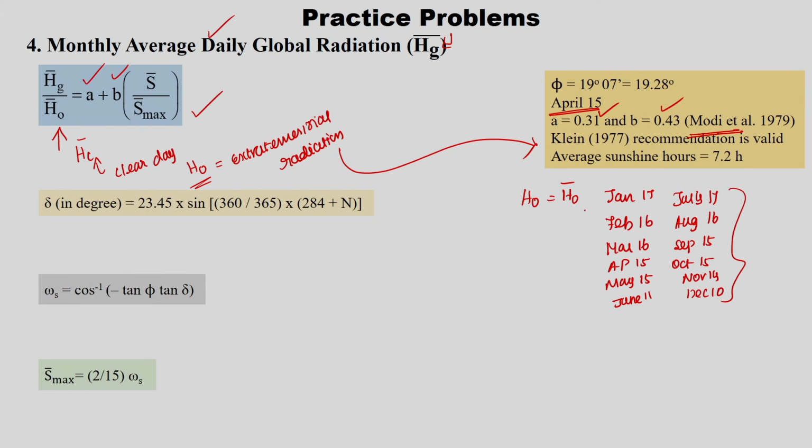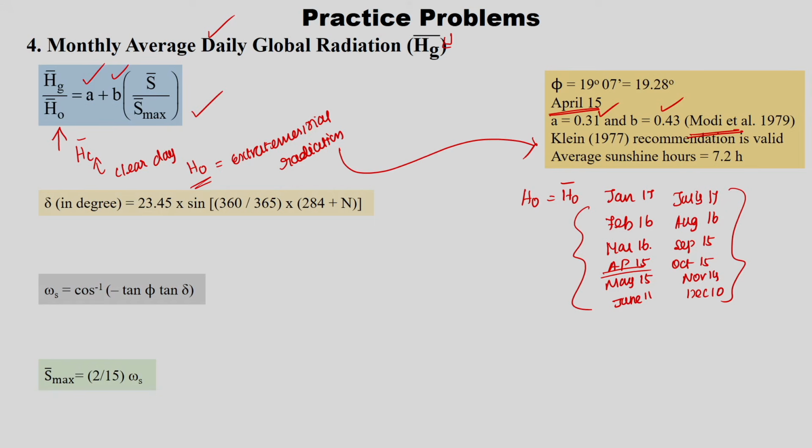On all these days the H naught is equivalent to H naught bar. So if we calculate H naught on those days, it will be equivalent to H naught bar. Here also it is taken as April 15th to calculate H naught.